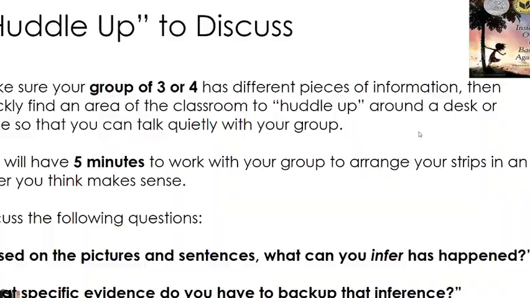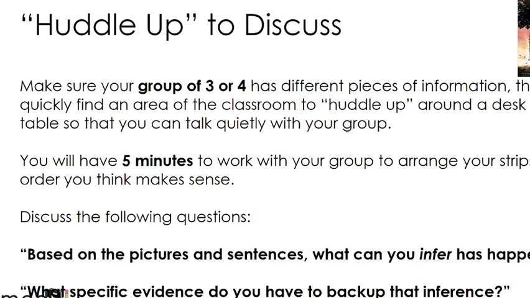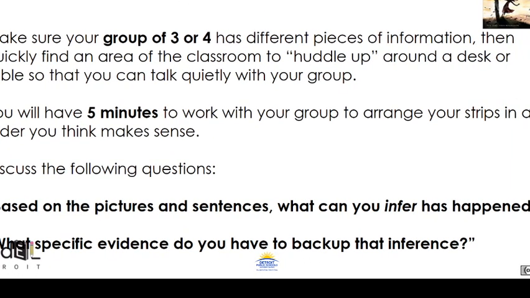Let me pull up my screen again. So that's what we're going to talk about. How do these relate to the photographs? And the key word we're looking for is: what can you infer from the pictures and the sentences about what has happened?